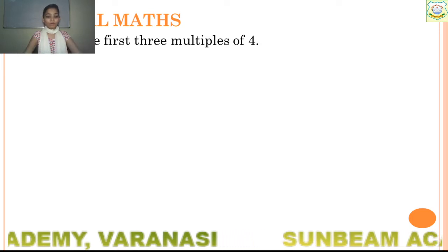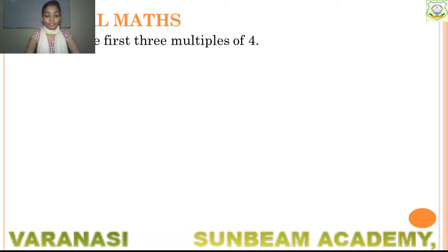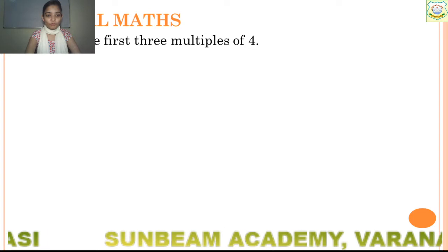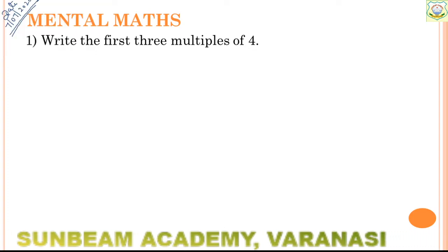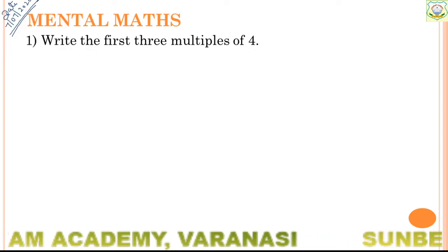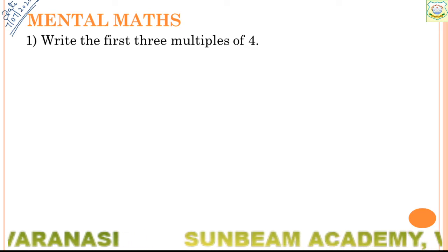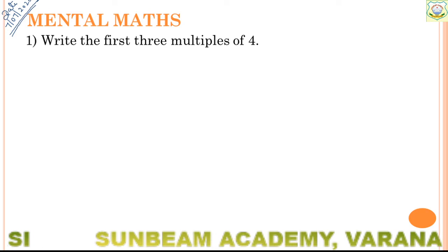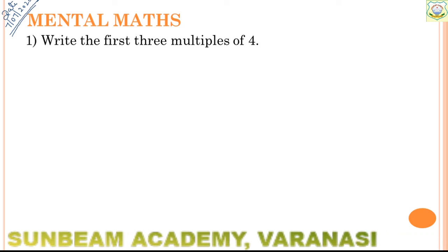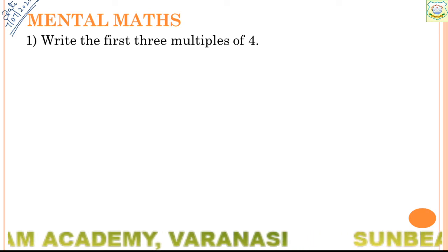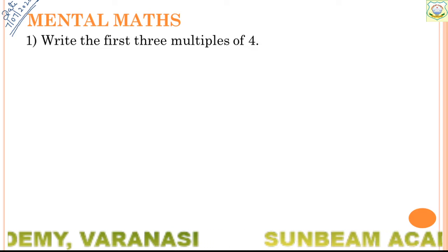Okay, now I'm hiding my video so that you can see the board in full. So now do it fast. First of all write the date, then write the heading mental maths, and then write down the question, write the first 3 multiples of 4. Do fast.